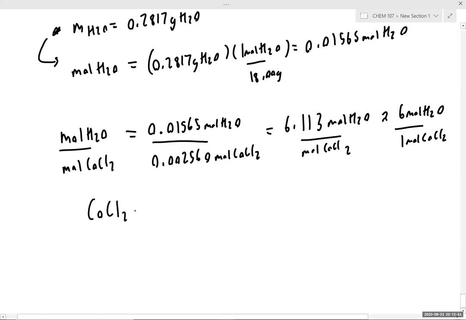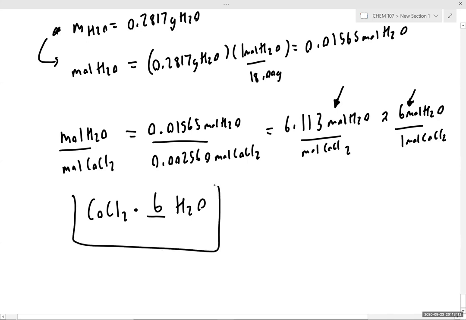So that would give us how many water molecules in our hydrate? How many moles of water did we calculate? 6. So we put a 6. And this allows us to figure out the formula of our hydrate.